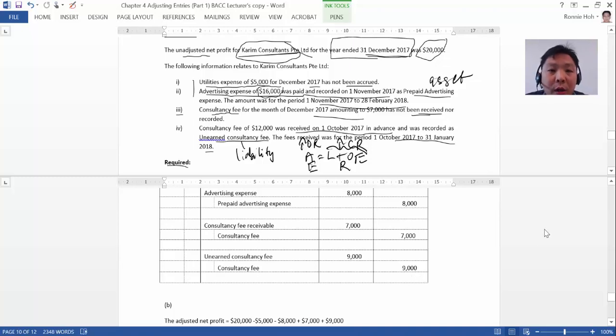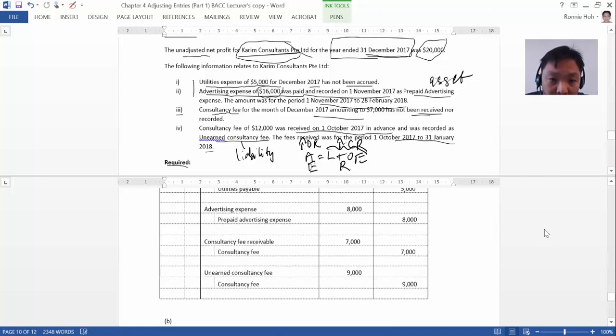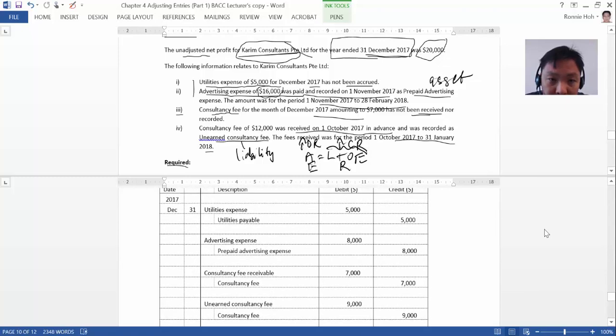So there you go. That's how you record the fourth adjusting entry. To recap, the first one is about accrued expenses, expense incurred but you owe. Second one is to recognize that the prepaid expenses have now been incurred, so you debit the expense and credit the prepaid.